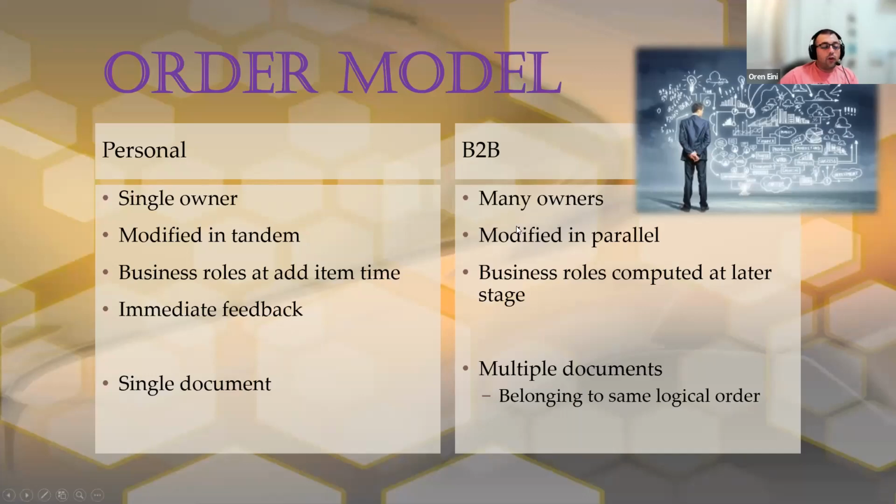Well, the first thing that pops to mind is that an order is not coming from a single location. An order may come from multiple locations all at once. I may be letting each manager order the things that they need, so the order can be modified in parallel.